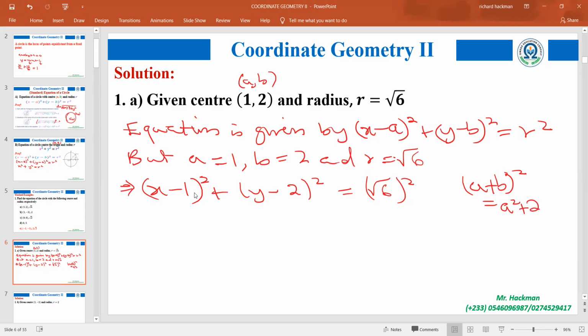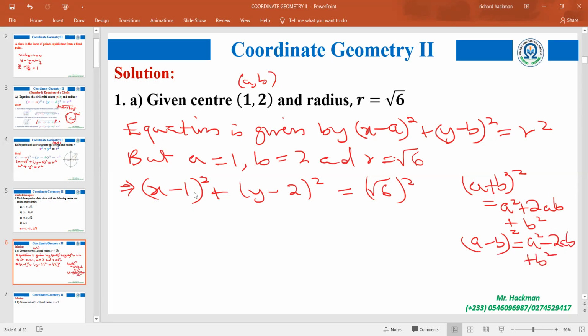Plus 2AB, very good. Then plus B squared. And if you have A minus B all squared, this will be equal to A squared, minus 2AB, very good. Then plus what? B squared.